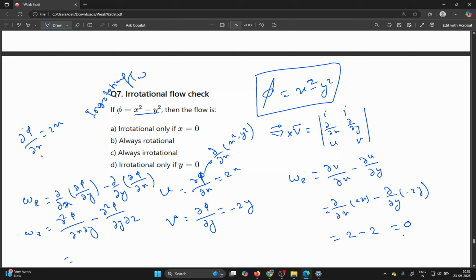Then again del phi by del x and del y, when you do, then you will get 0, because the y term is not here. Similarly for this, first we need to integrate with respect to y. So what you will get? Minus 2y. When you integrate with respect to x, again 0. So 0, 0, following the irrotationality. You can do these things also.